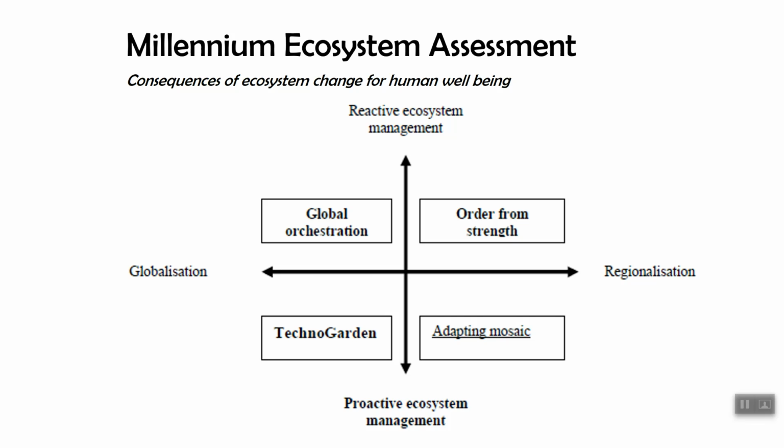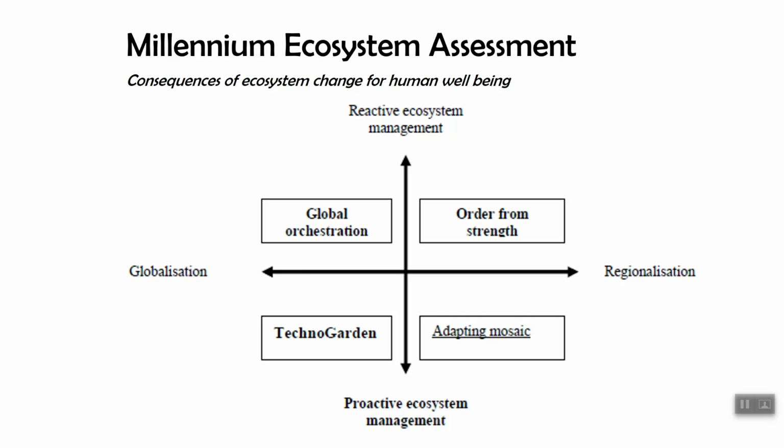So when they looked at each one of the quadrants, they saw global orchestration at top left depicted a globally connected society that focuses on global trade and economic liberalization and takes a reactive approach to ecosystem problems, but that also takes strong steps to reduce poverty and inequality.